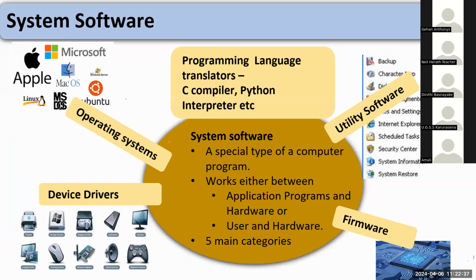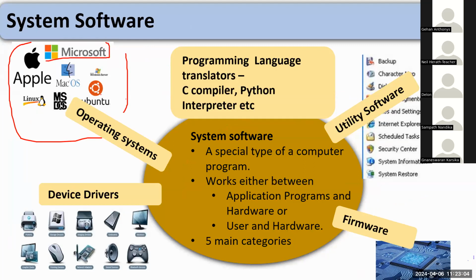Okay, the other is called the system software, which focuses on the operating system. As you know, in order to activate a laptop or whatever device, there should be an operating system. How the system can operate, that we call the operating system. Generally, you will be familiar with Microsoft Windows, but it is not the only one.